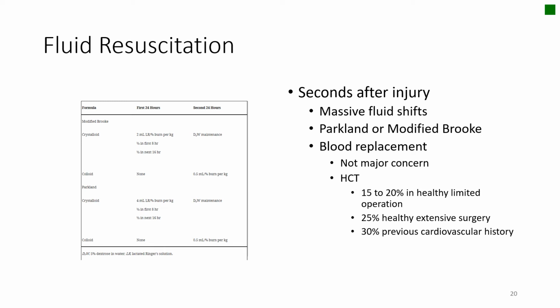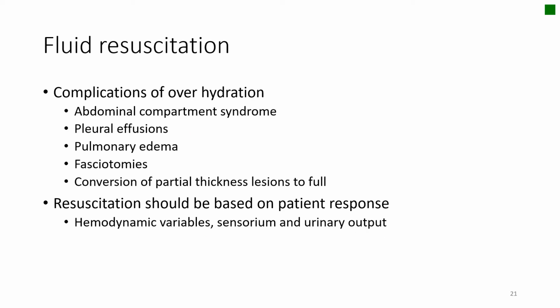Complications of overhydration include abdominal compartment syndrome, pulmonary effusions, pulmonary edema, and conversion of a partial thickness lesion to a full thickness lesion, and those are very frequently observed. Again, be familiar with the complications of overhydration.